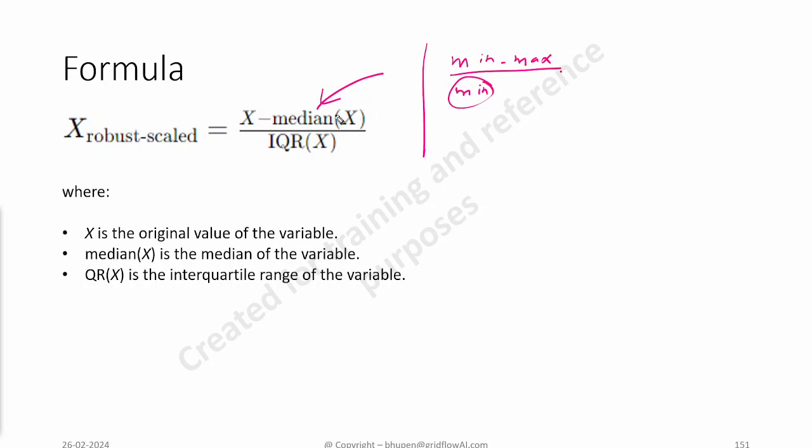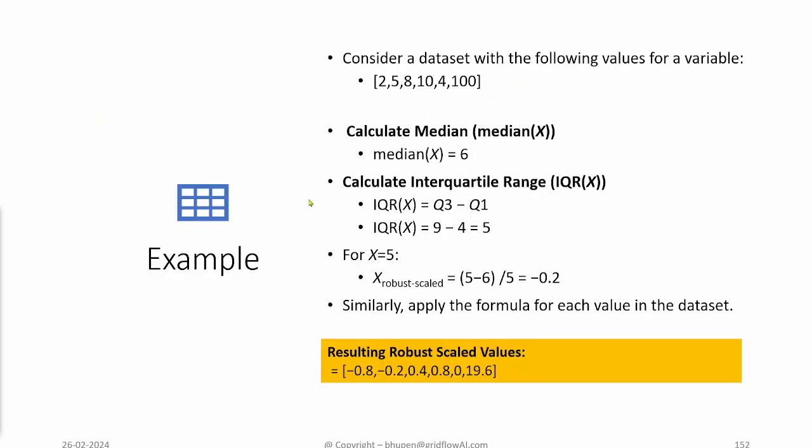But here now we are taking the median. And this denominator is equal to the range, which is max minus the minimum, which is not what we are doing. We are taking the IQR, and that makes this particular scalar less sensitive to outliers.